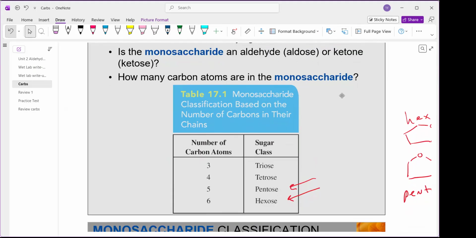So you have the backbone number, triose, tetrose, pentose, hexose. Then you have the anomeric carbon type, ketose or aldose.